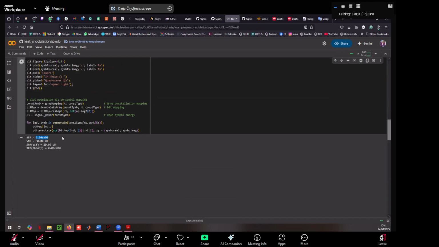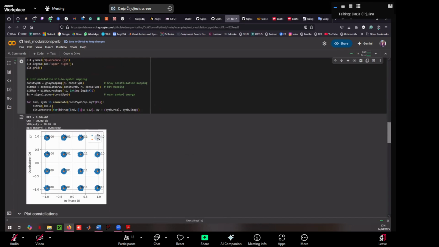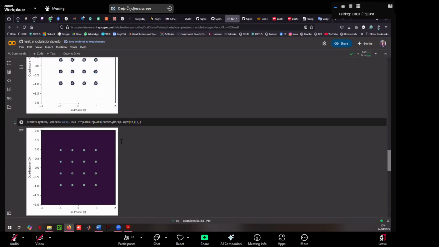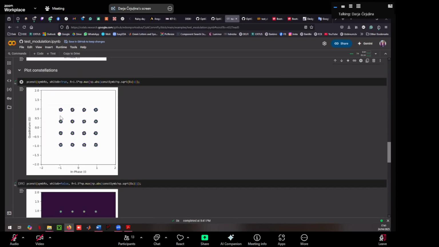Of course you would get an error-free transmission, and the first graph will show you how the bits are assigned to these symbols, and then you can see the constellation, which shows the intensity, how often in which region the symbol is usually detected. I think it's just a similar graph as before, just inverted.